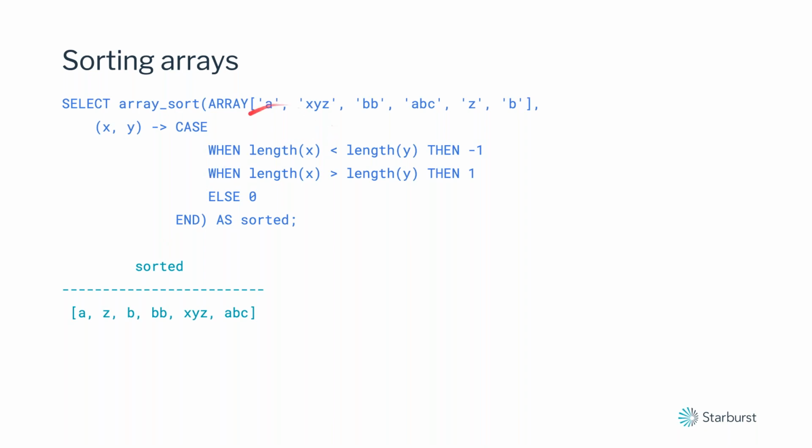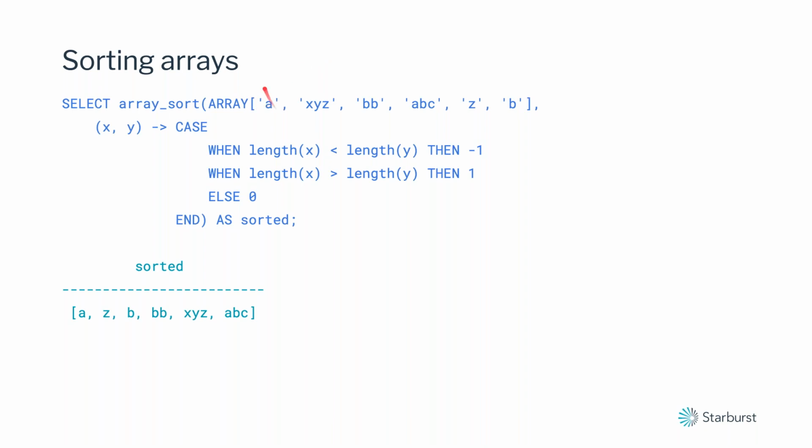This is the comparison function that array_sort uses to sort the array. We see here that we get A, Z, B, because these are all length 1, then BB, which is length 2, and XYZ and ABC, which are length 3. One thing you'll note is the only thing we compared was the length of the elements. So if they're the same length, then they're equal regardless of the contents.